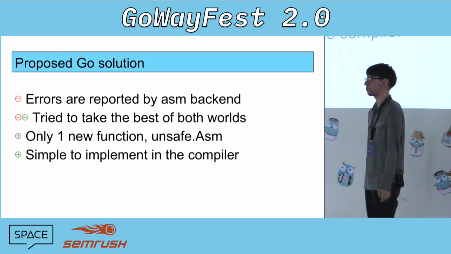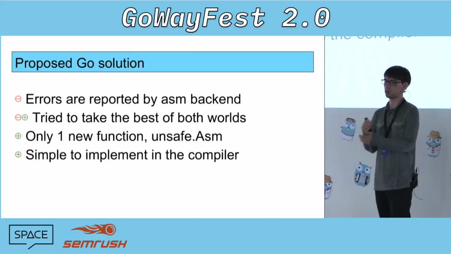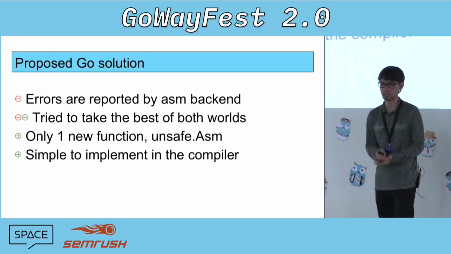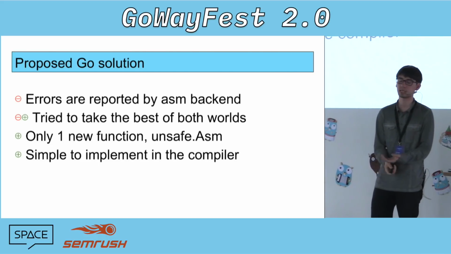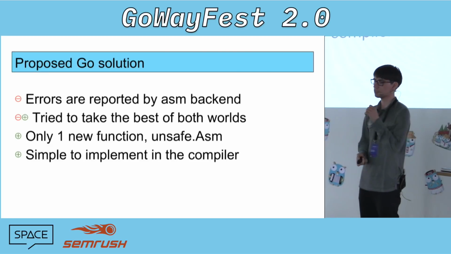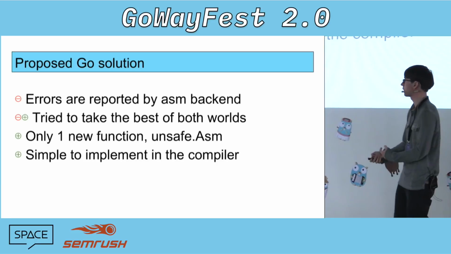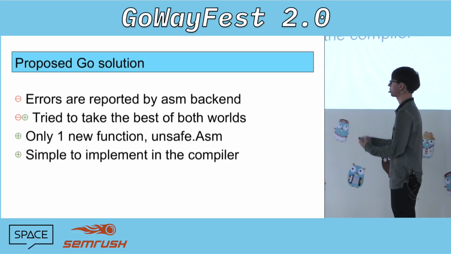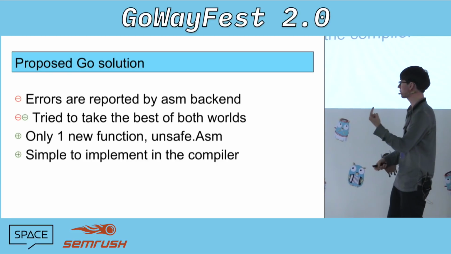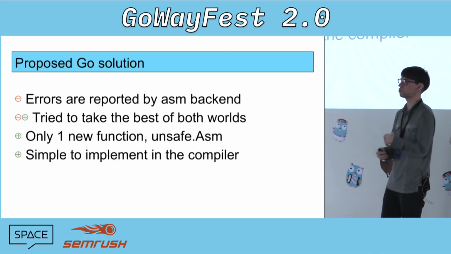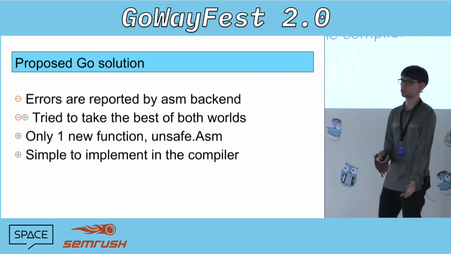Arguments can be arbitrary Go values: constants, expressions, anything you can use in normal functions. It's like a function, but it's handled like an intrinsic. So we are adding one real intrinsic in Go terms and one public function. So fewer symbols, only one function, and it can express almost 99% of instructions.